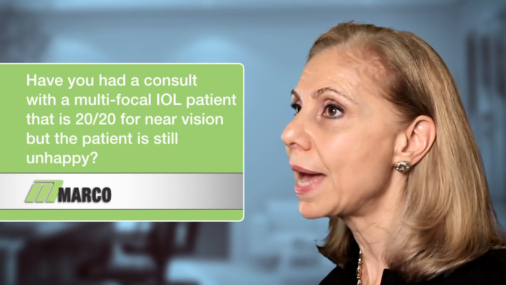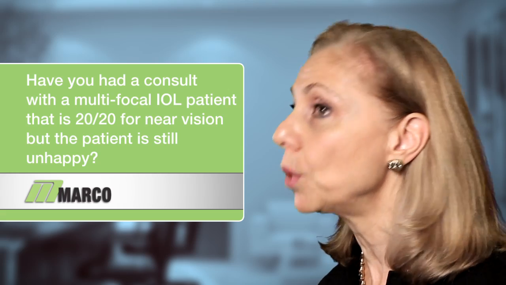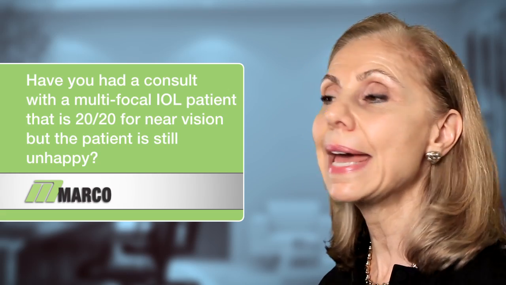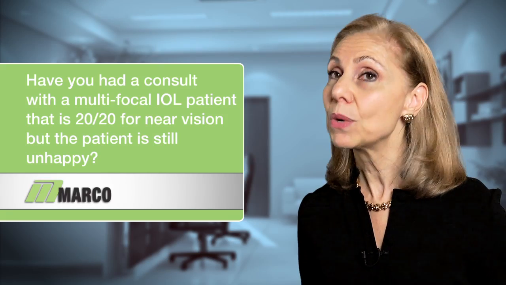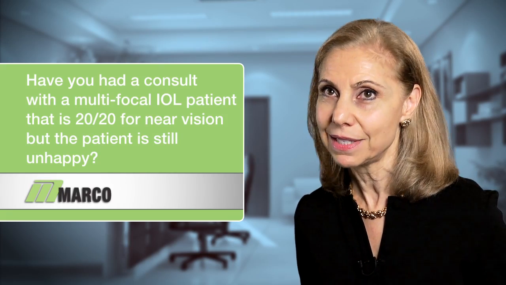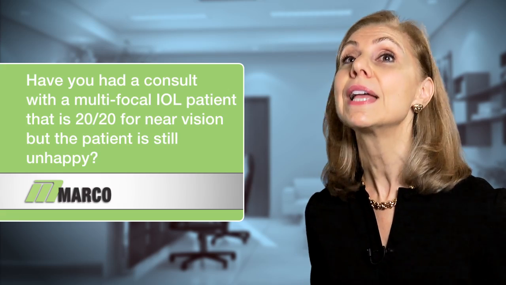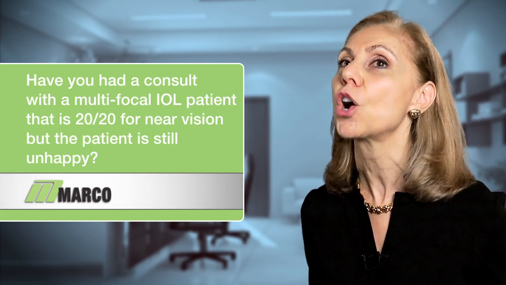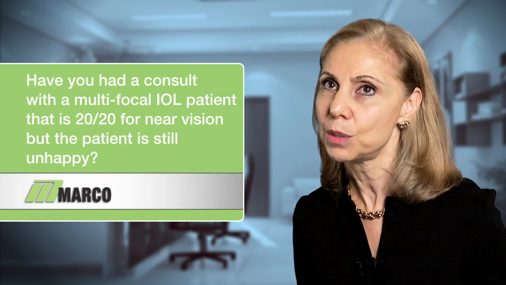We agreed to go ahead and do an IOL exchange, take out her multifocal and put in a monofocal, and after that, she said her life went back to normal. And what was surprising is in her fellow eye, she did not have a positive angle kappa. So she was not unhappy with a multifocal in that one eye, yet her angle kappa was so large in her second eye that it led to these problems.